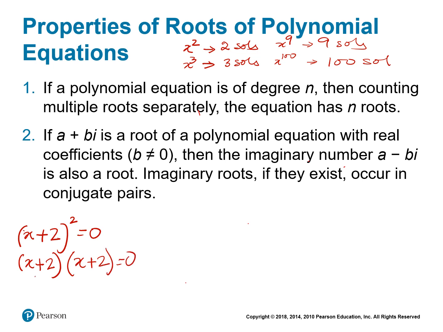Then we make each factor equal to 0 and solve for x for each factor. The first factor gives x equals negative 2, and the second factor gives the same value, x equals negative 2. So even though the solutions are the same, we need to count them separately because they come from 2 separate factors.